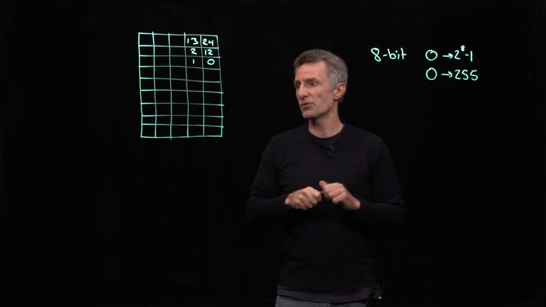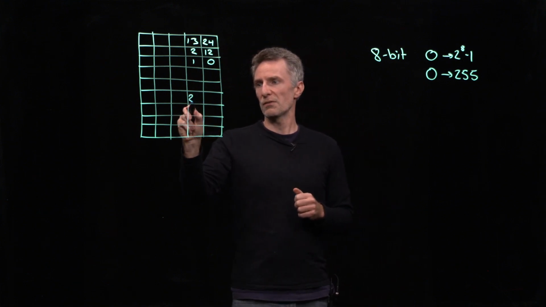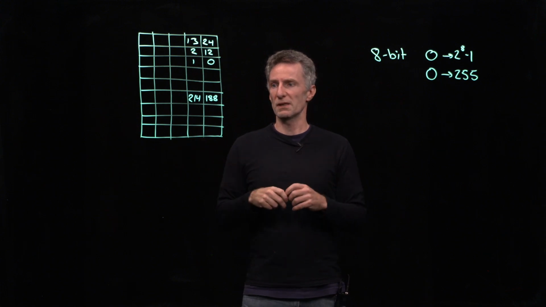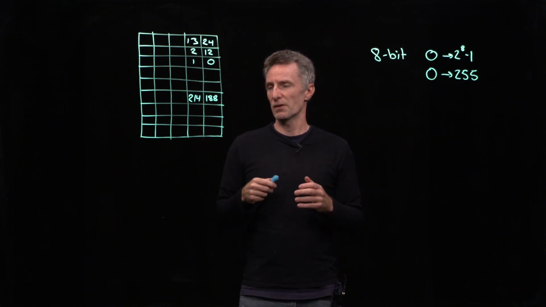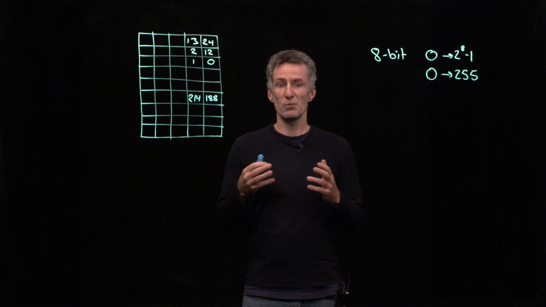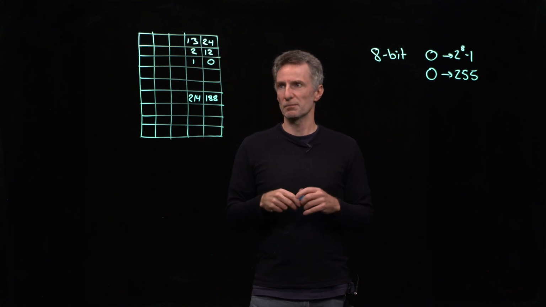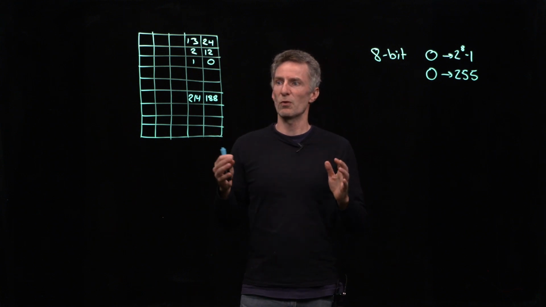And if we have a very bright surface, maybe down here, we will have much higher numbers. If we show this grid on a computer screen and we display the cells with large numbers with high brightness and the cells with low numbers with a low brightness, you can imagine that they combine to form an image.